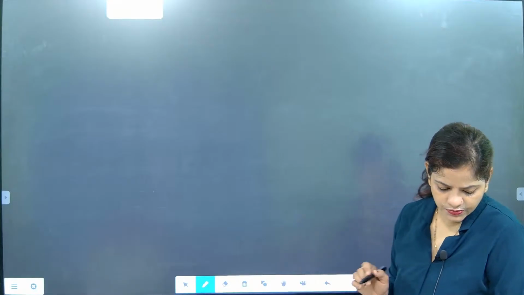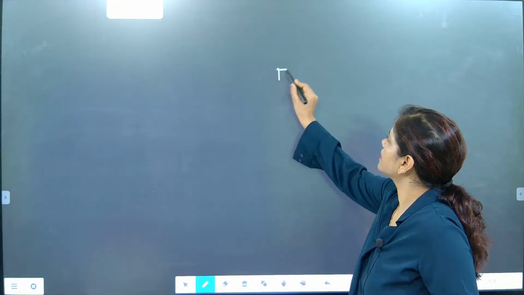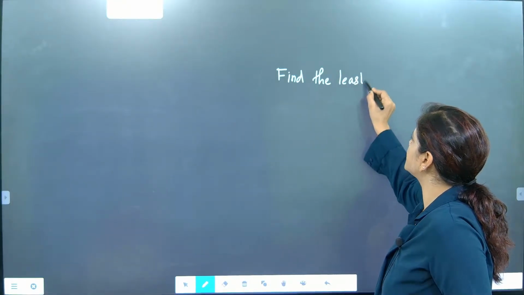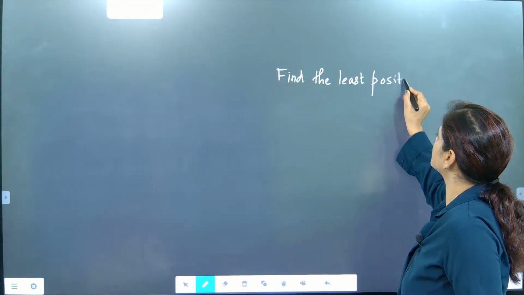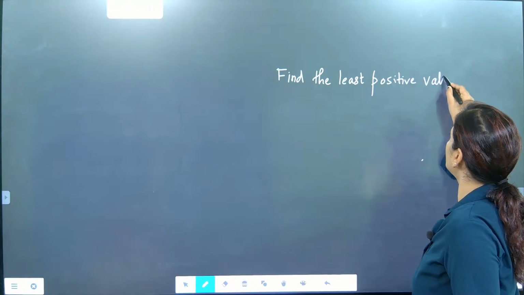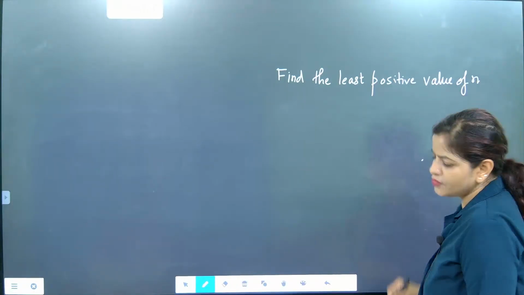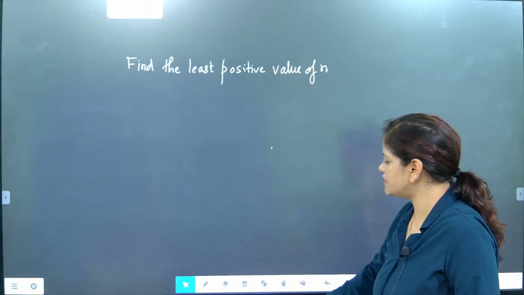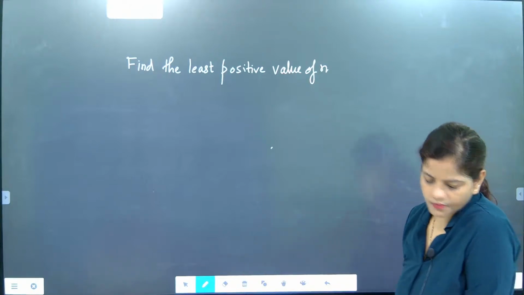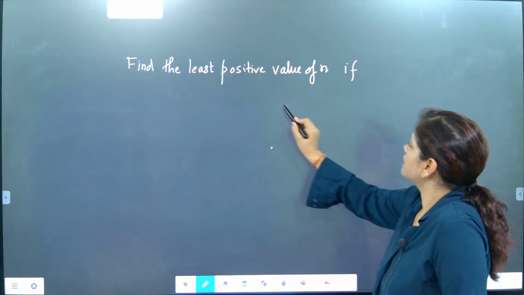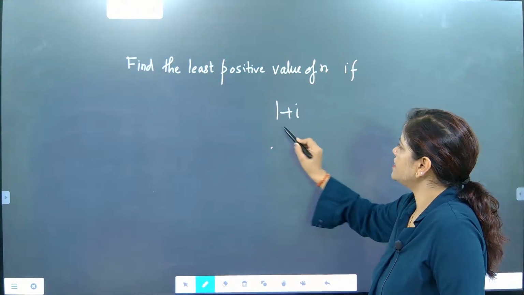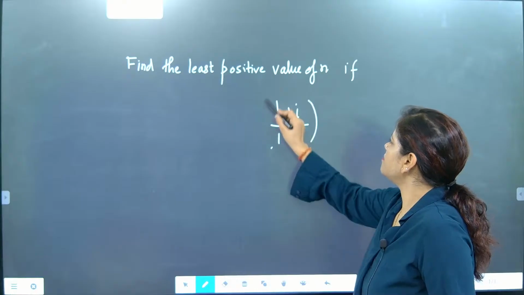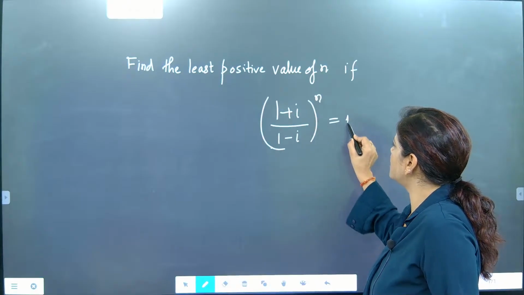Find the least positive value of n. You have to find the least positive value of n if (1 plus i) over (1 minus i) to the power n is equal to 1, given.